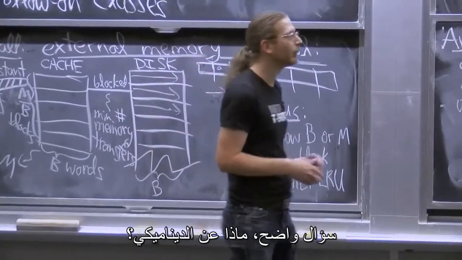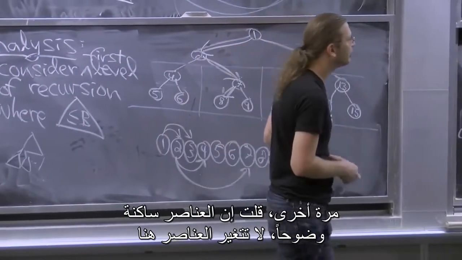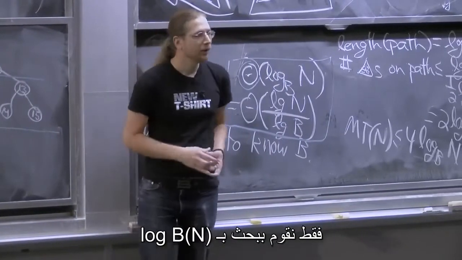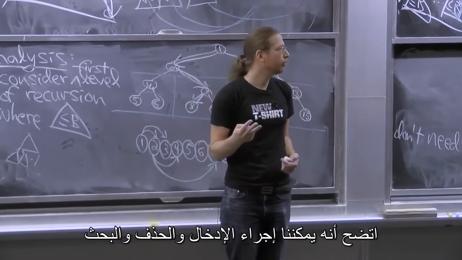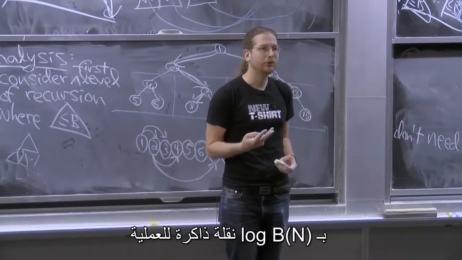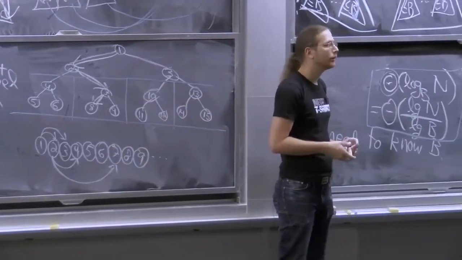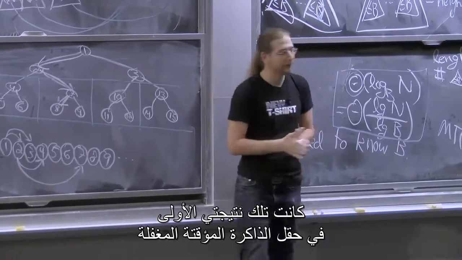One obvious question is, what about dynamic? Again, I said static. Obviously, the elements aren't changing here, just doing search in log base b of n. It turns out you can do insert, delete, and search in log base b of n memory transfers per operation. This is my first result in cache-oblivious land.